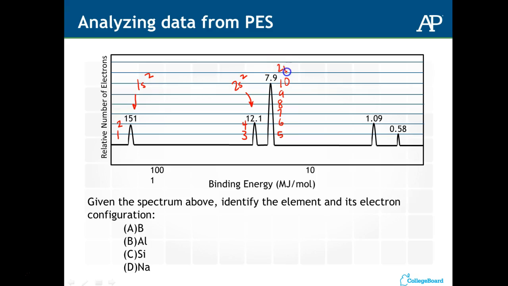So this must be my 2p6. Then here again, it looks like I have a large space and a much lower binding energy. That means it's much easier to remove them. These must be my third shell, the 3s2. I have electrons 11 and 12, and lastly electron number 13 in the last peak, 3p1. And that will allow you to identify what that element is.